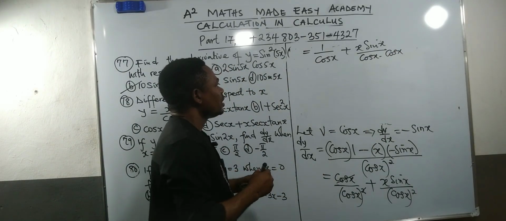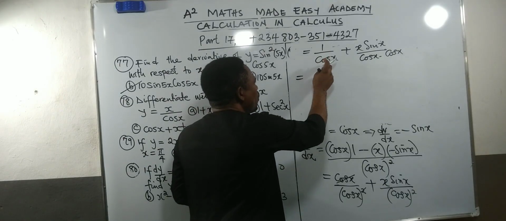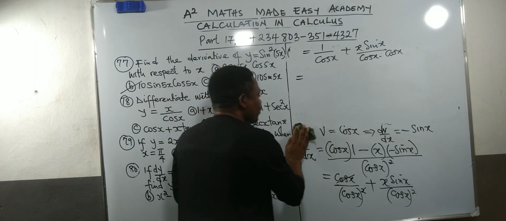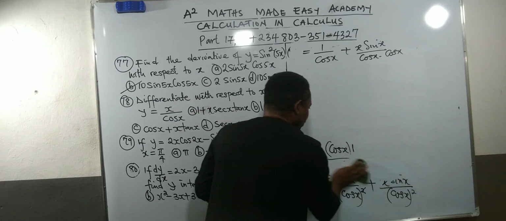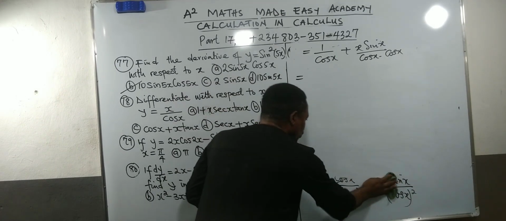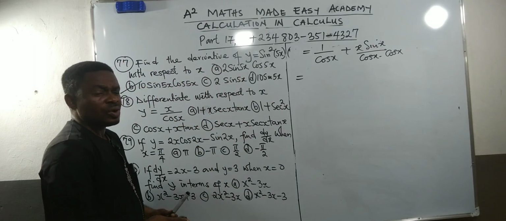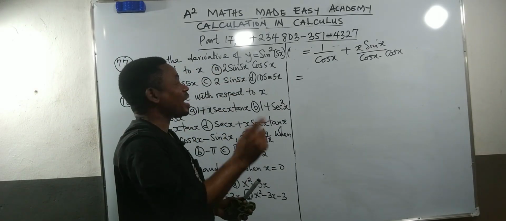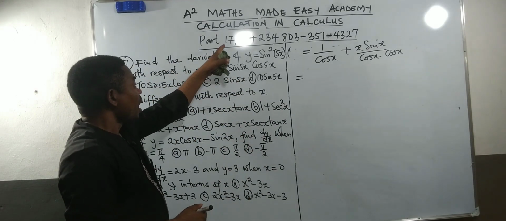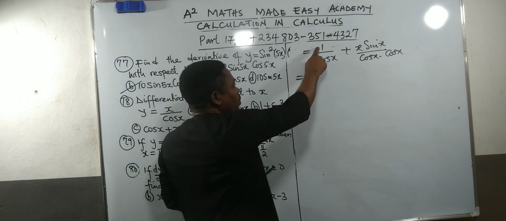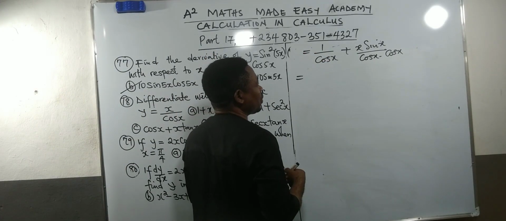Anytime you see 1 over cos x, there are characteristics that govern inverse trigonometry, which I have already treated in several parts of calculus. Remember, we have from part 1 to part 16, and today we are talking about part 17. Now, by trigonometry, what is 1 over cos x?